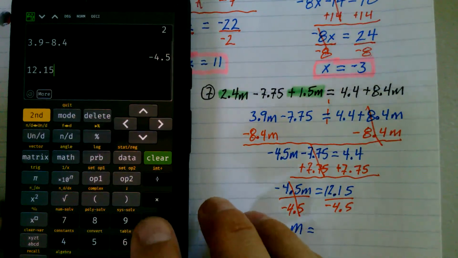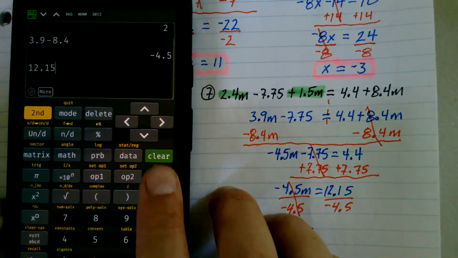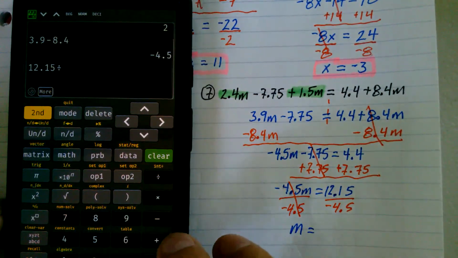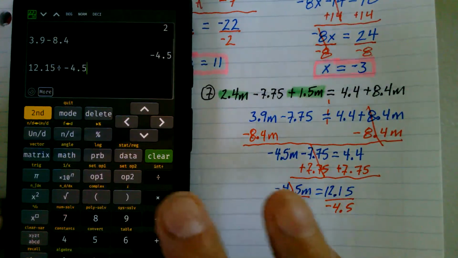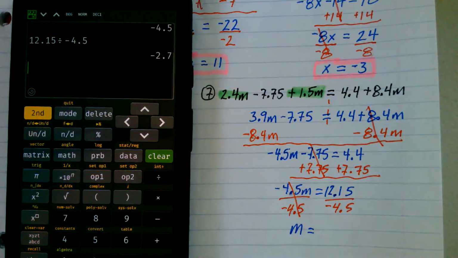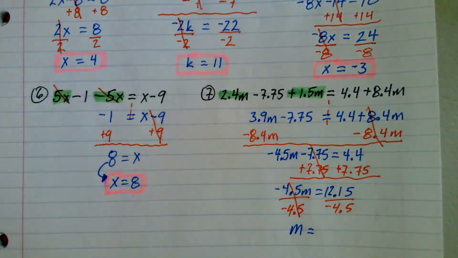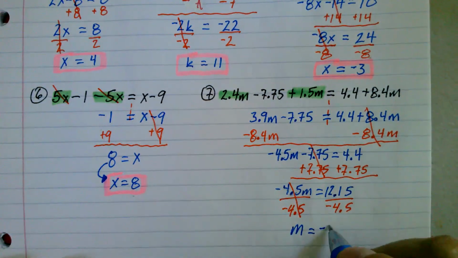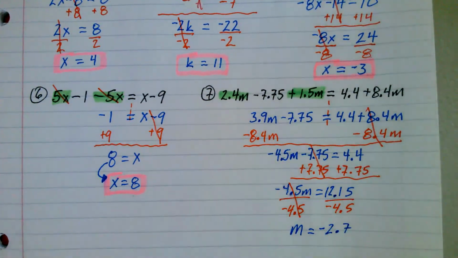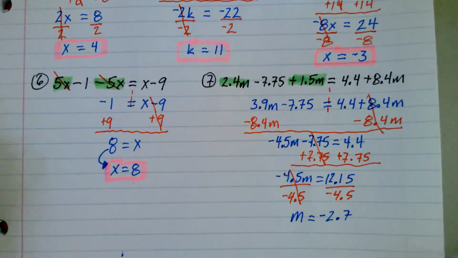And I get negative 2.7. So final answer is negative 2.7. Boom.